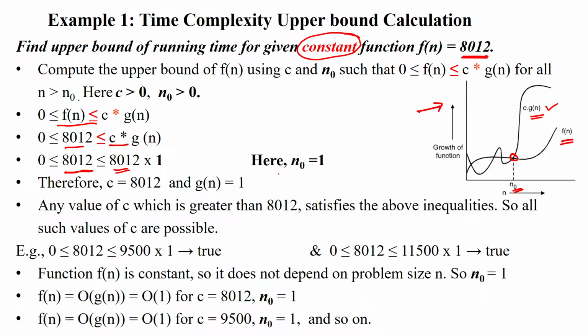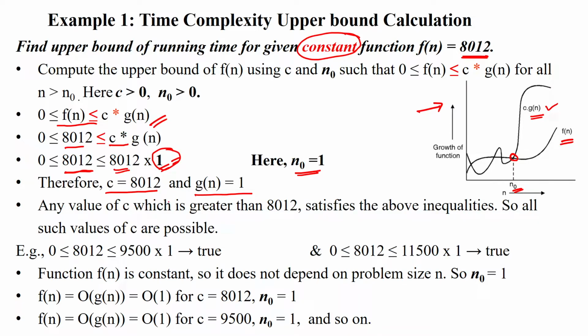Now we start from the initial value n0 equal to 1. Substituting 1, we get 8012, which is true and satisfies the given criteria f of n less than or equal to c into g of n. So the constant value c is 8012 and g of n is 1. Here g of n will always be 1.